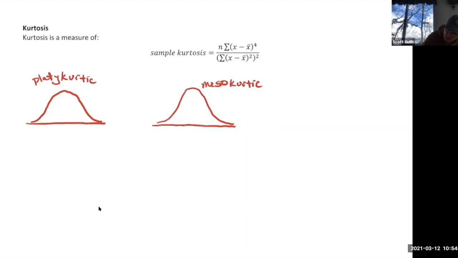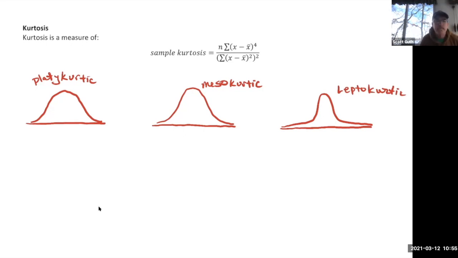And then we have long tails, and the longer the tails get, the skinnier the peak is relative, because you're moving data out into the tails. So it sort of deprives the peak of data. So that's leptokurtic. Okay. And as you can see, the peak gets narrower as the tails get longer or heavier, they say sometimes, like a kangaroo has heavy tails, but the platypus has really light tails. So kurtosis really focuses on the peak. So it's a measure of, here comes a word that's not really a word, peakedness.